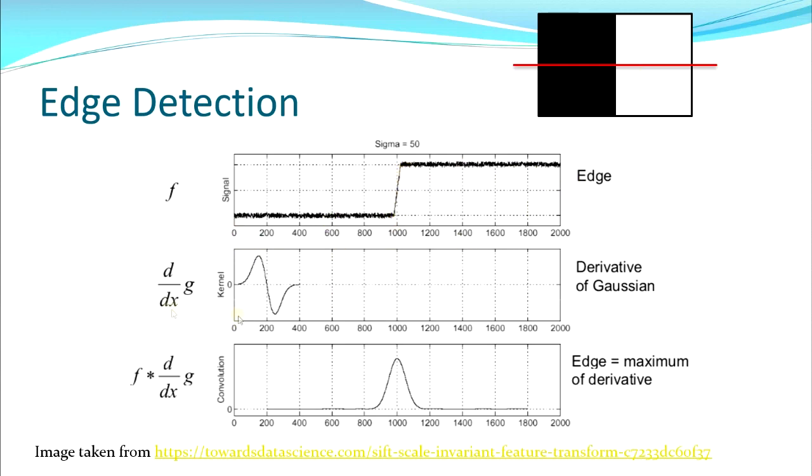Now what I do is I take a derivative of the Gaussian. This is the derivative of the Gaussian, and I basically convolve these two. In convolution, you take one signal, flip it, multiply it with the other signal, and keep on shifting it. I have kept this over here. This thing multiplied with this is almost 0.